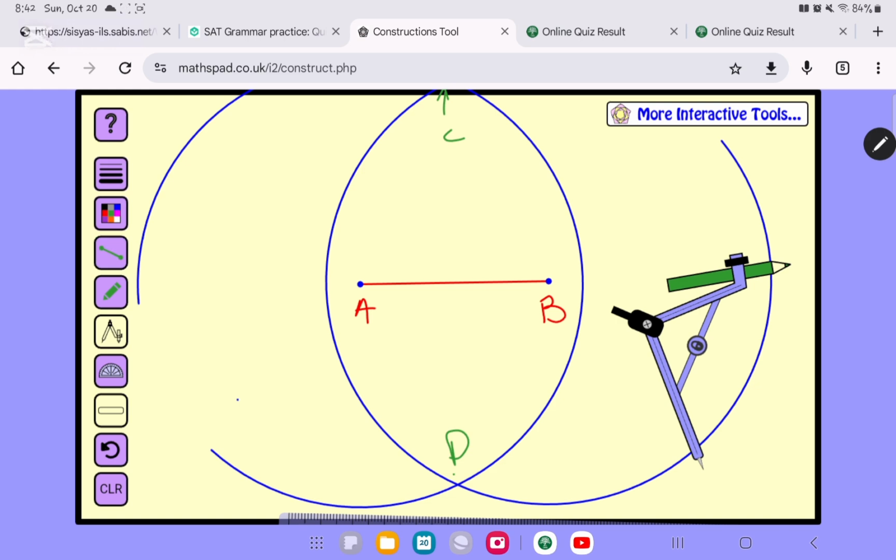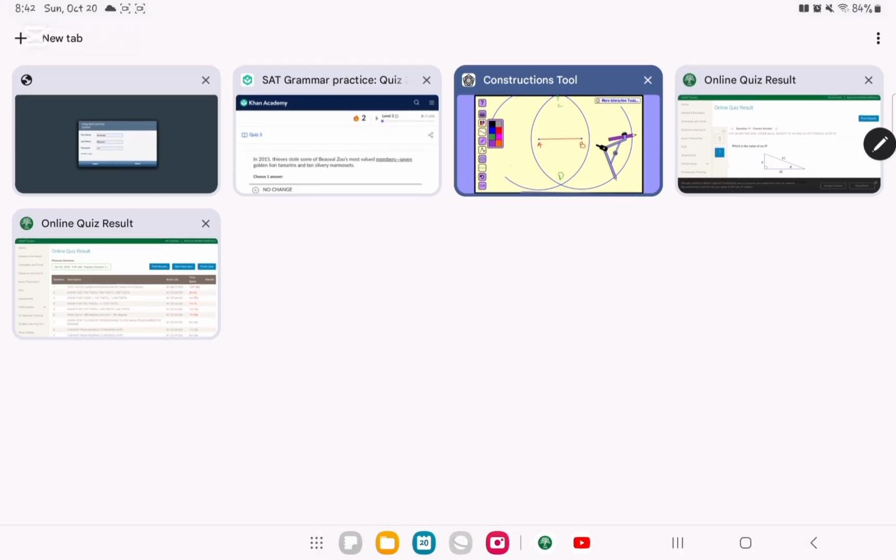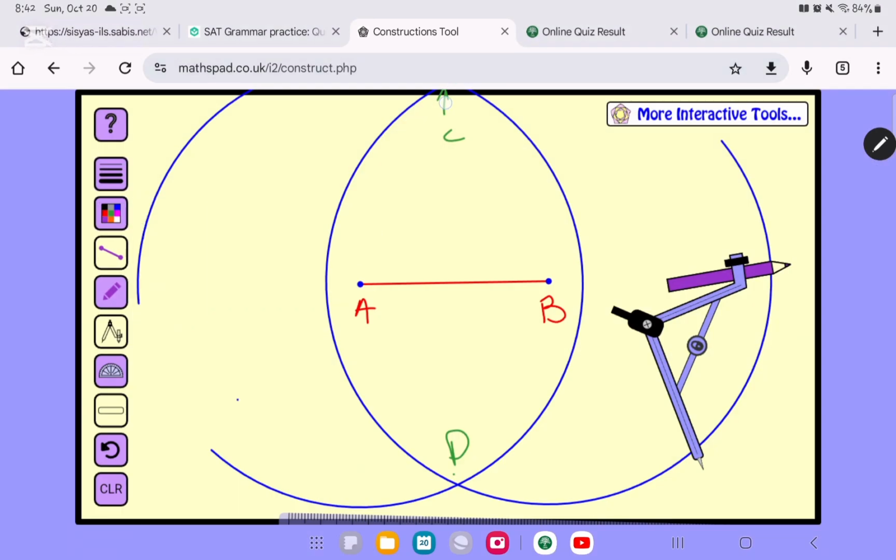Very simply, we can connect point A to C and point B to C. And then again, we can connect point A to D and point B to D. And there we go. Like this, we drew a rhombus of 7 centimeters.